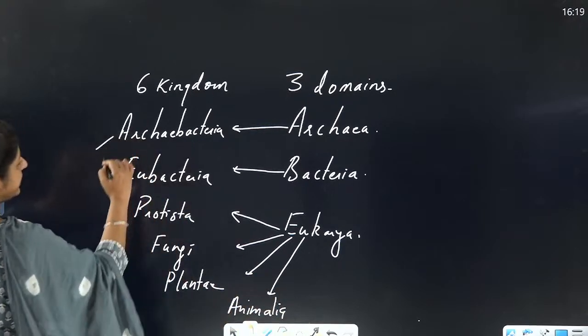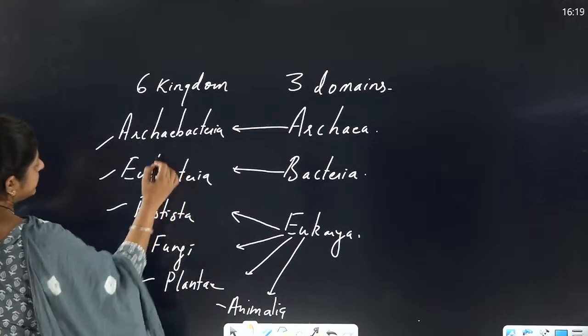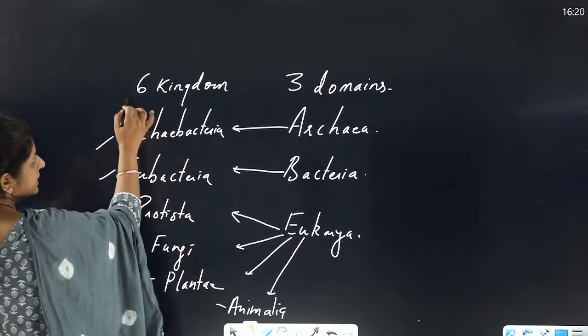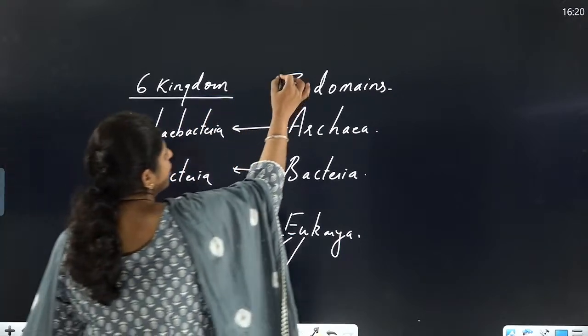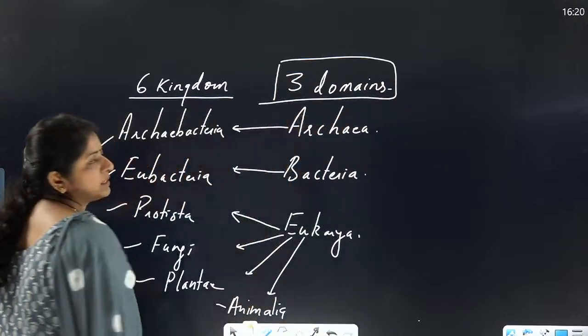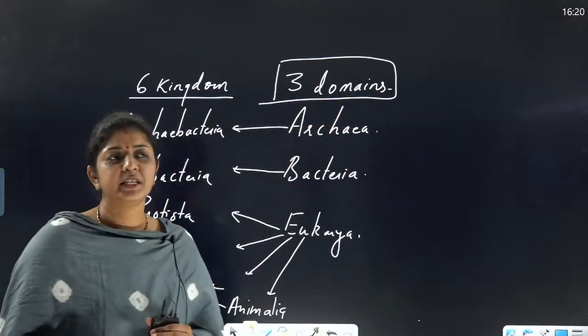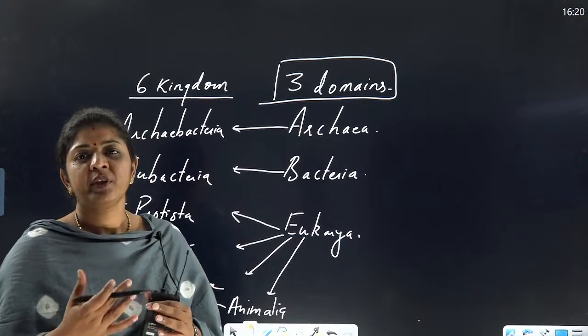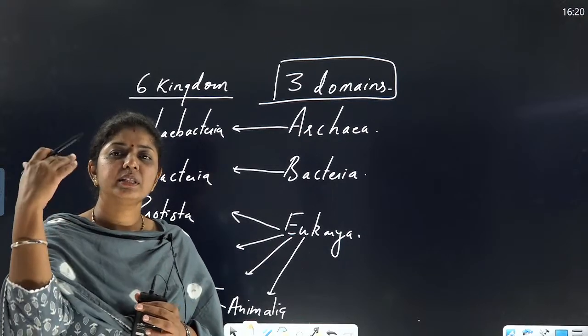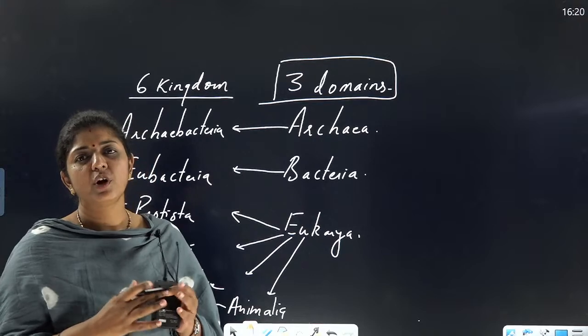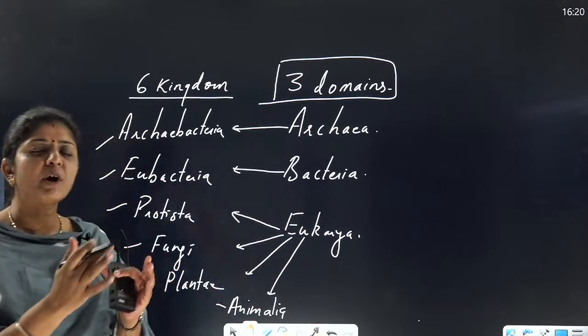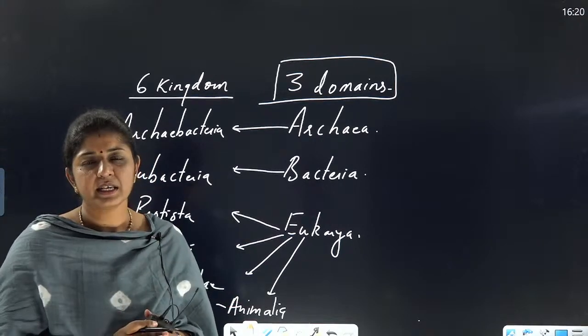So how many kingdoms are there? 1, 2, 3, 4, 5 and 6. Six kingdom classification, but how many domains? Three domains, right? So the six kingdom classification has further divided them into a still higher type of taxon which you call domains, right? So this is about the history of biological classification.